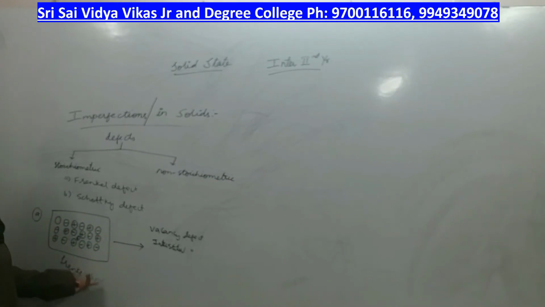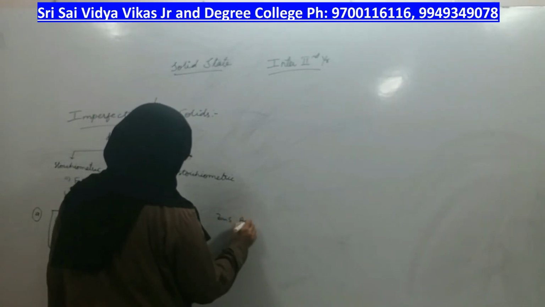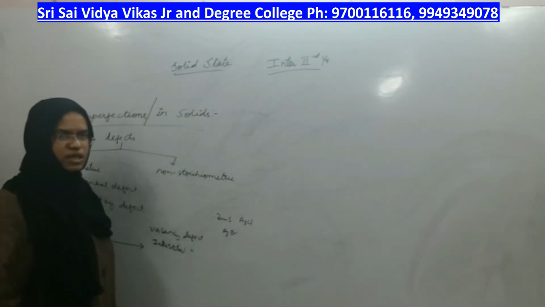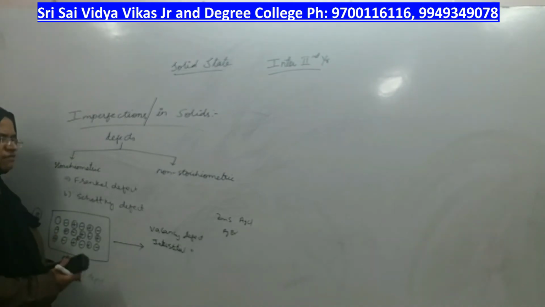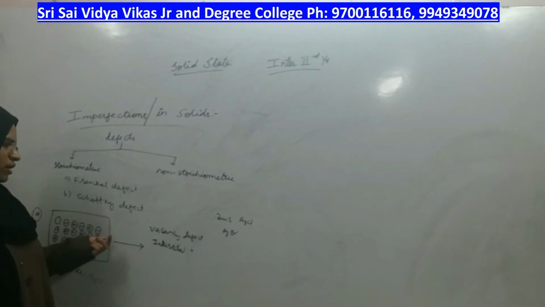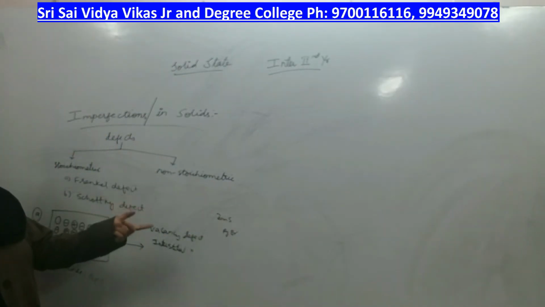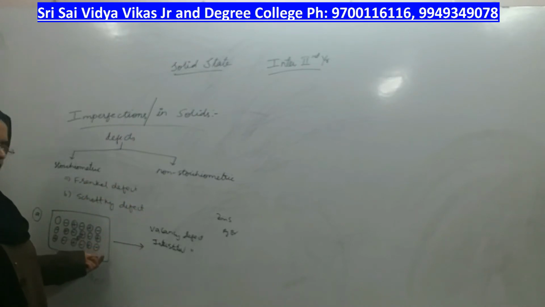Therefore, this defect will take place in such a compound in which the size of the cation is comparatively smaller. Right? In compounds having small sized cations and large sized anions, such compounds, silver chloride for example. Small sized cations and large sized anions will have such type of Frenkel defect, right?